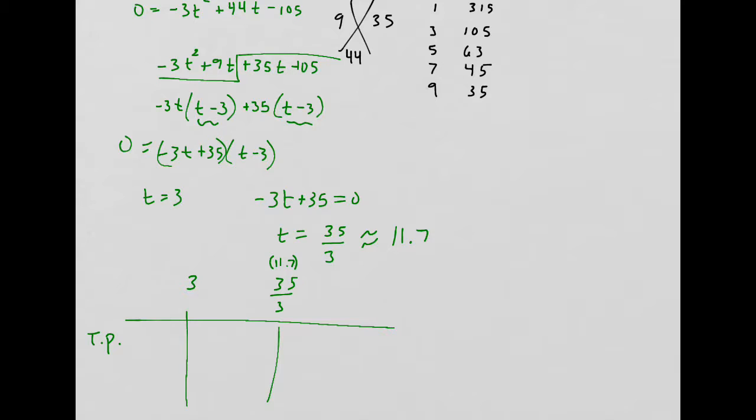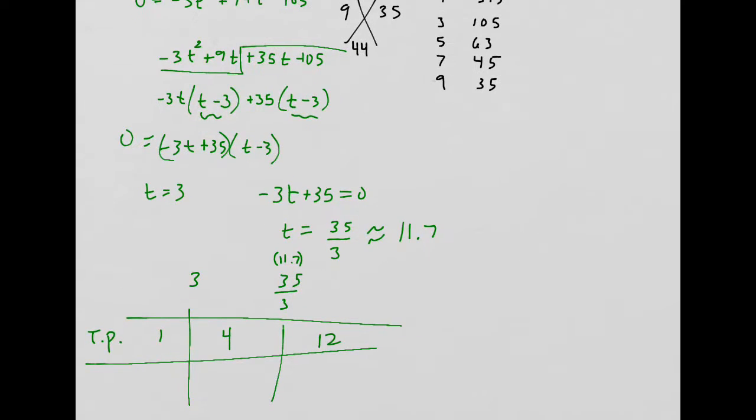That's all you do. Okay, so my test points, I'm going to choose 1, an easy test point, and it's smaller than 3. Sweet. Maybe 4 is another test point. It's between those two, and then 12. So those are my test points, and then I'm going to plug them into v of t.